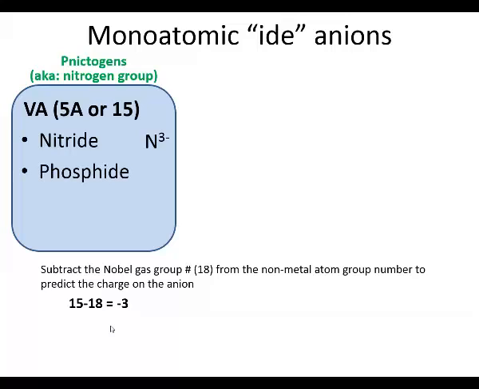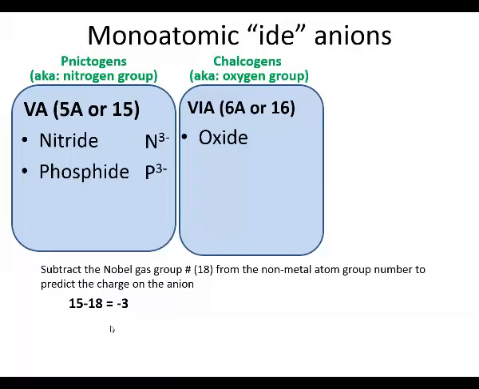Now, if we look at phosphide under nitride, again, it's in the same group. We expect it to have the same chemistry as nitrogen, so we might predict it would form the same charged anion, and we'd be completely correct. It gains 3 electrons to become the phosphide anion, and that's how we would predict the charge on it.